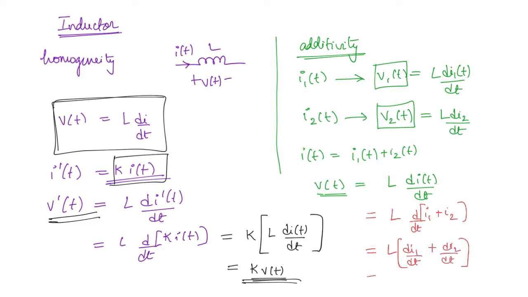So this is nothing but L di1 by dt is V1 and L di2 by dt is V2. So V of t is equal to V1 plus V2. So additivity is also satisfied. So inductor is a linear element.